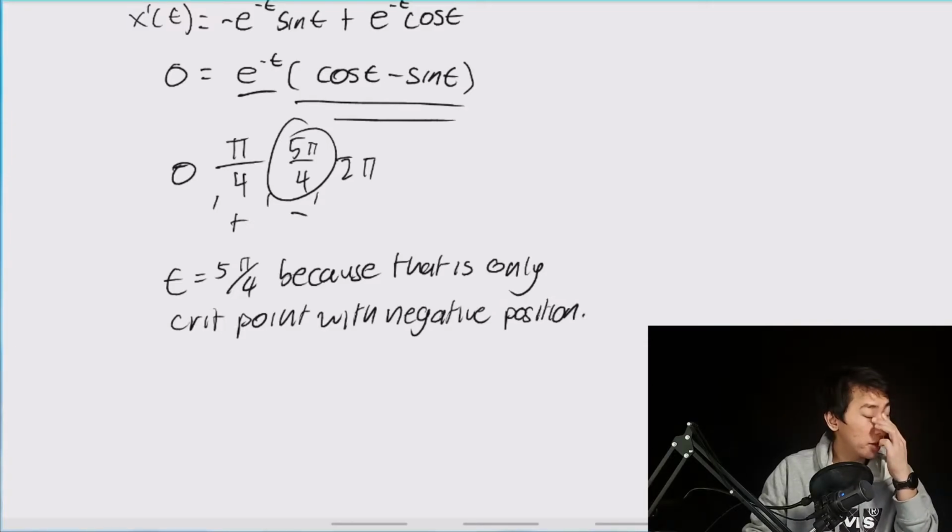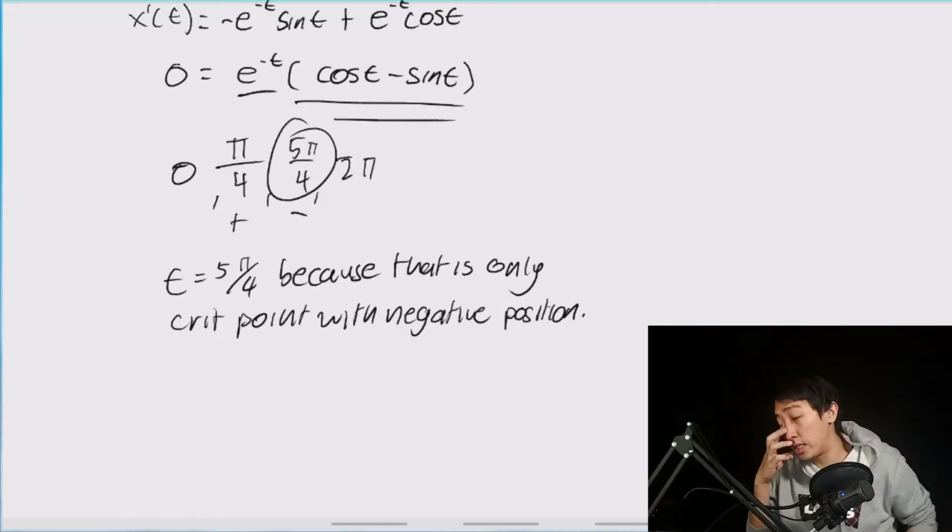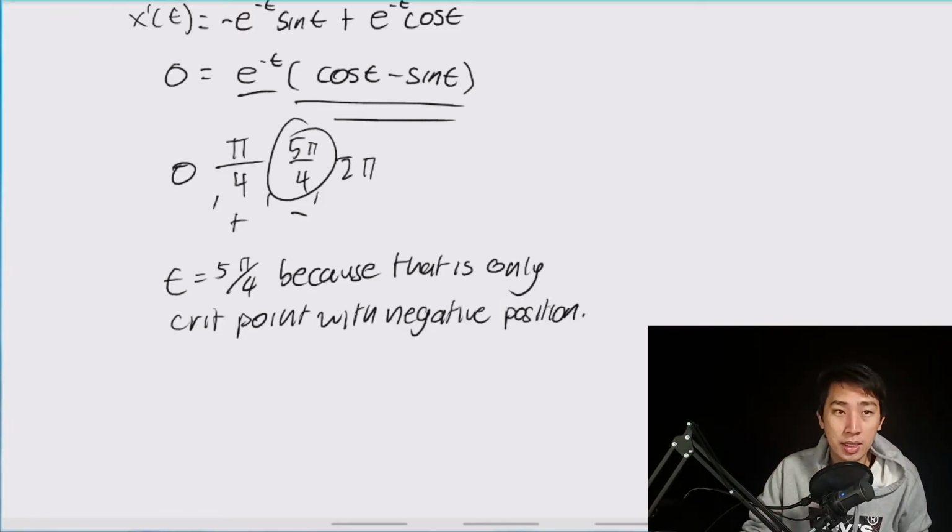Remember, your critical points tell me where I have possible maxes and mins. So if this is the only one with a negative, that's my absolute minimum. Again, you could actually plug it in and figure it out. However, since you don't have a calculator and you want to save on time, you're really not going to be able to evaluate e to the negative pi over 4 anyway. You would have just figured out, okay, this one's positive, this one's negative, but you can do it just like this.